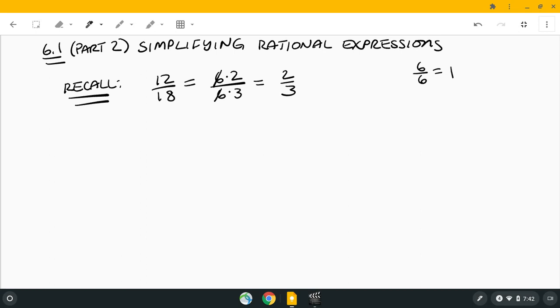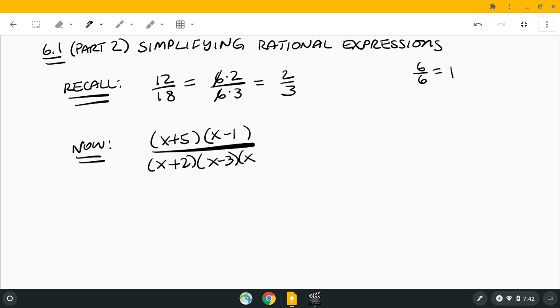So what we're going to be doing here with rational expressions is pretty much this exact process. You're going to factor and you're going to cancel like factors. So let's take a look here. Maybe you have something that looks like this, that factors out to x plus 5, x minus 1. And then when you factor down below, you end up with x plus 2, x minus 3, x plus 5.